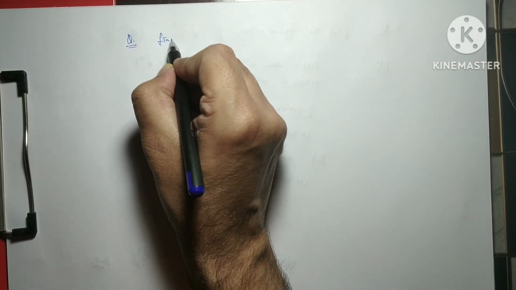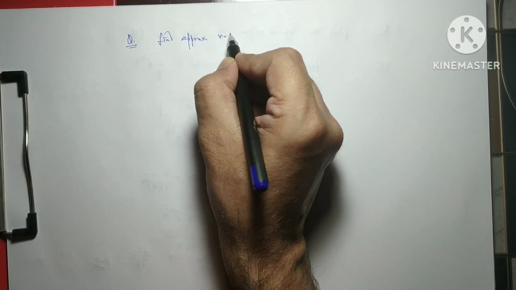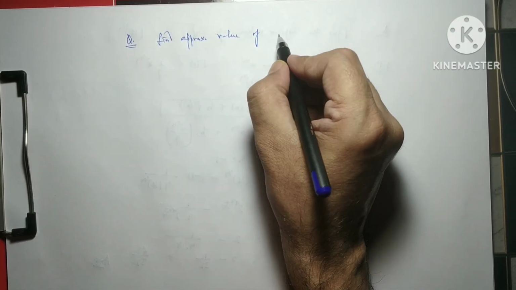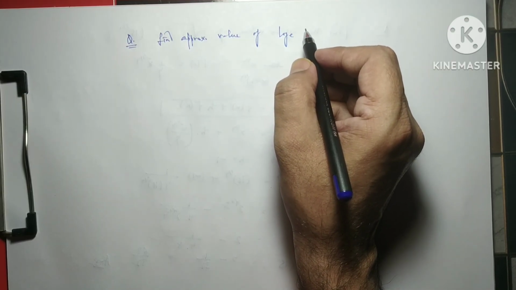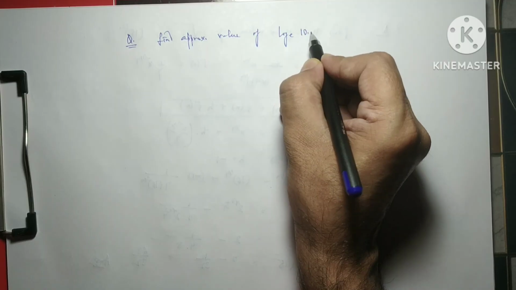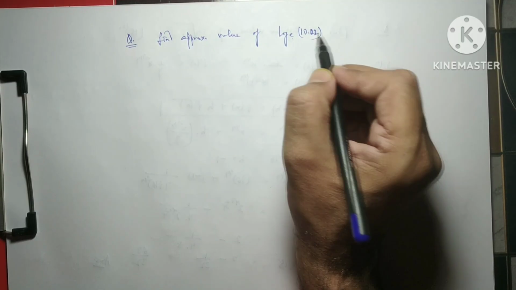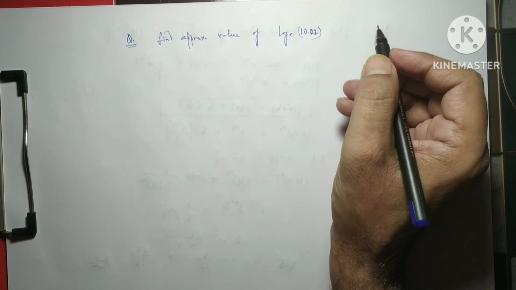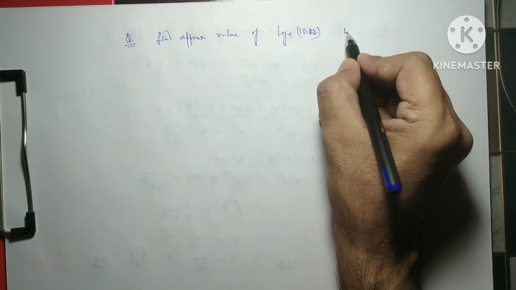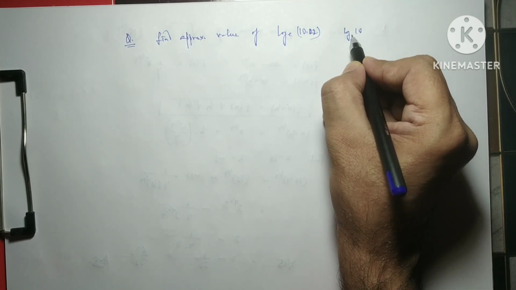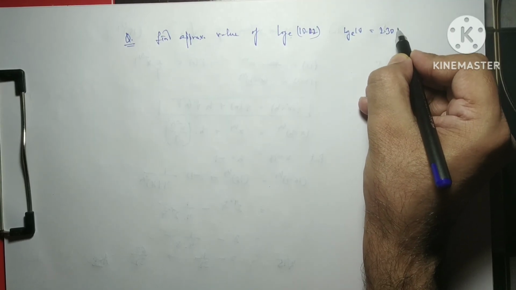Find the approximate value of log(10.02) on the base e, natural base, and it is given log 10 to the base e is 2.3026.